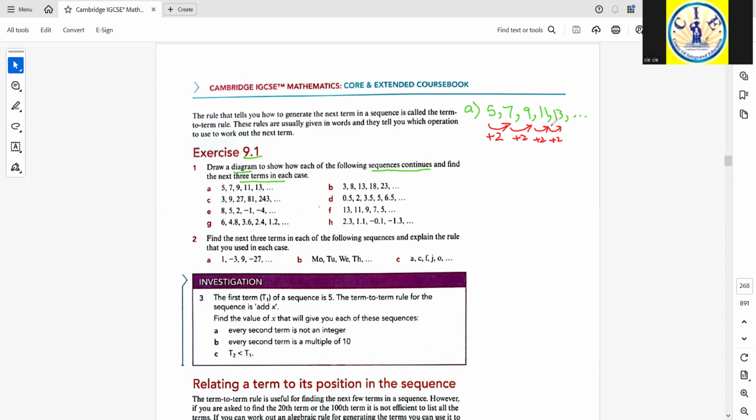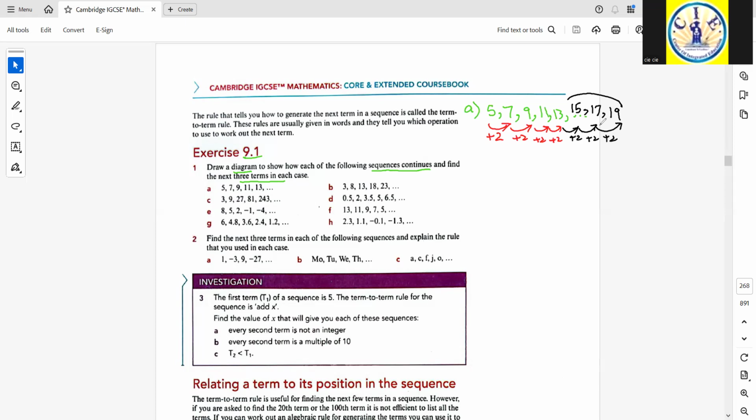Okay, now for the next three terms, again, we need to add 2 to 13 so that we can get 15. Then adding 2 to 15, we get 17. And in the same way, adding 2 to 17, we get 19. So the next three terms are 15, 17, and 19.